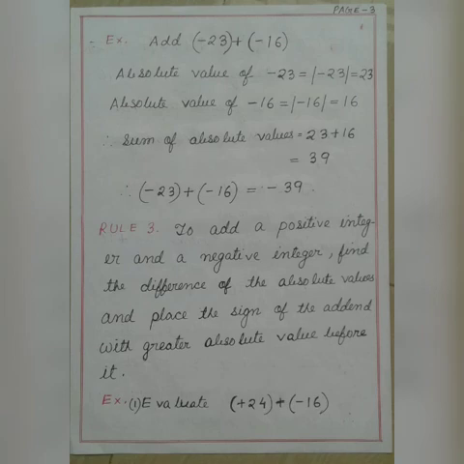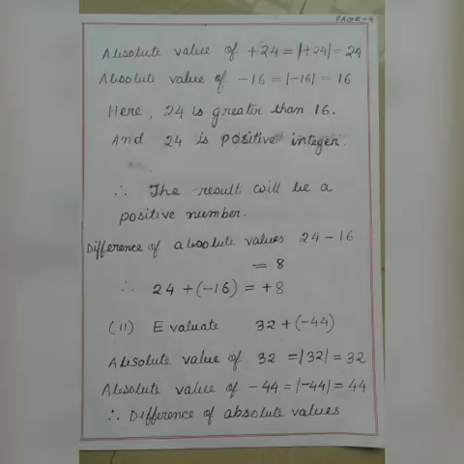Now let us check with rule number 3. To add a positive integer and a negative integer, find the difference of the absolute values and place the sign of the addend with greater absolute value before it. So again we shall check it with an example. Evaluate plus 24 plus minus 16. Now we shall find the absolute values of plus 24 and minus 16. Absolute value of plus 24 is 24 and absolute value of minus 16 is 16.